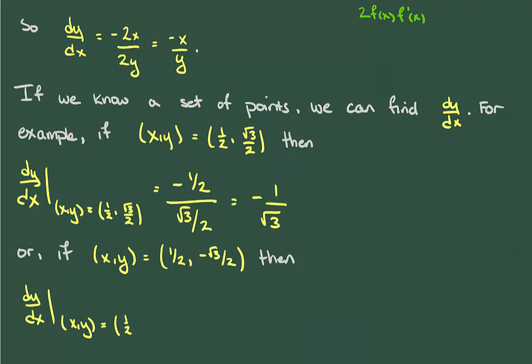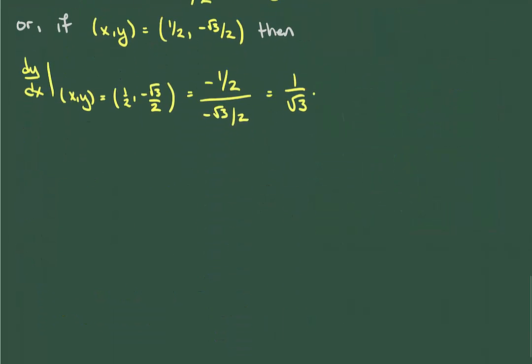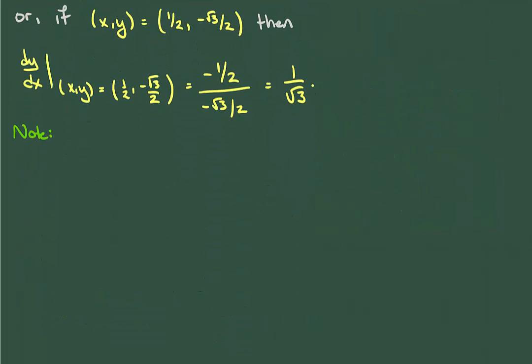The math is similar, but we end up getting a different sign of the derivative out. If you look at the graph of the circle and think about the tangent lines when x is equal to 1/2, you'll see that this is consistent with what we found here. Note that there's nothing special about treating y as a function of x. We could have treated x as a function of y and found dx/dy instead. I recommend you give it a shot and see if you can work that out for yourself.